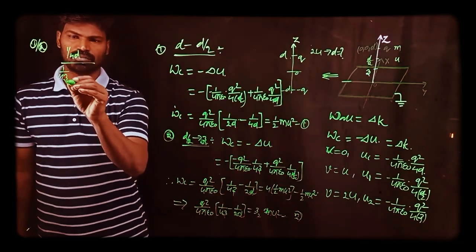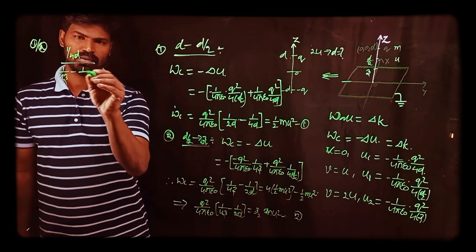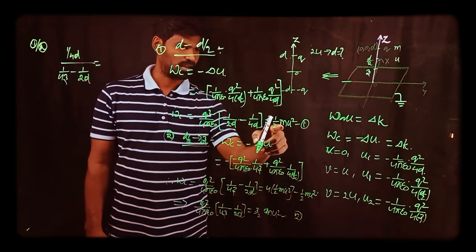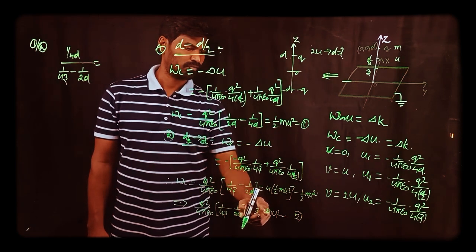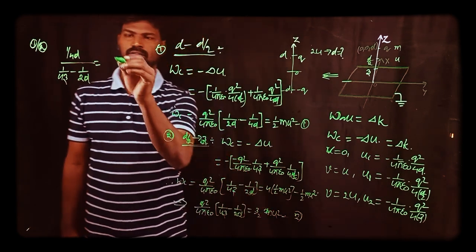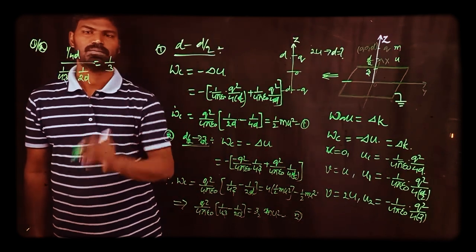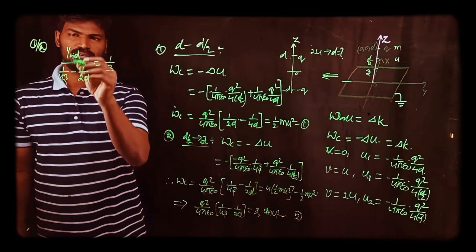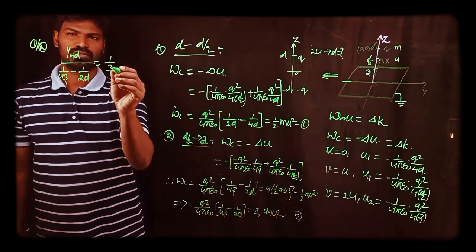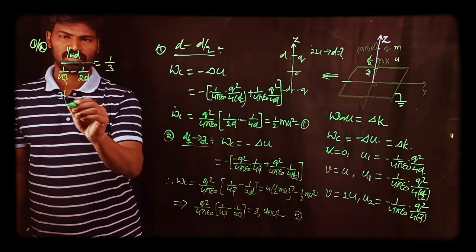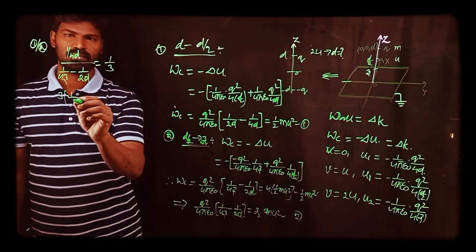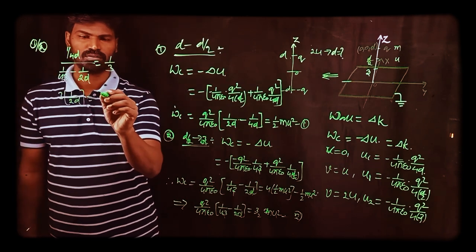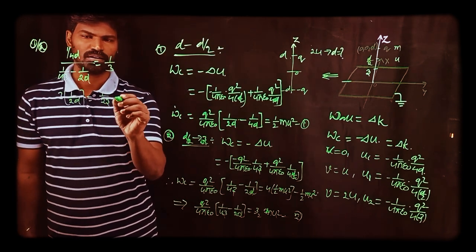1 by 4z minus 1 by 2d is equal to the right hand side, half m u square, and half m u square gets cancelled. You will be getting 1 divided by 3. Here again we can cancel out the 2 also. Am I right? This is 4, this is 4, this is 2. So cross multiplying, 3 times 1 divided by 2d is equal to 1 into 1 by 2z.